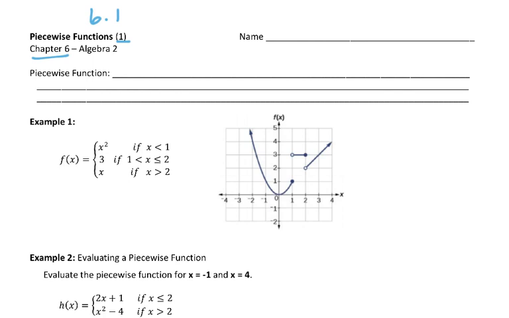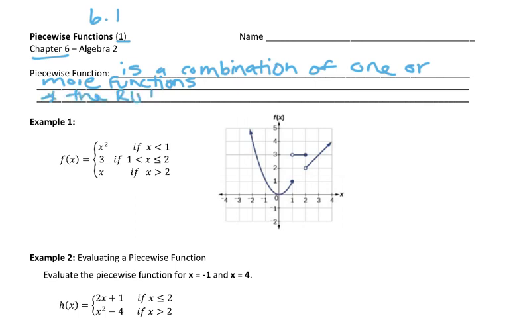So a piecewise function is a combination of one or more functions, and we're talking about the rule or equation being different for different pieces of the domain.